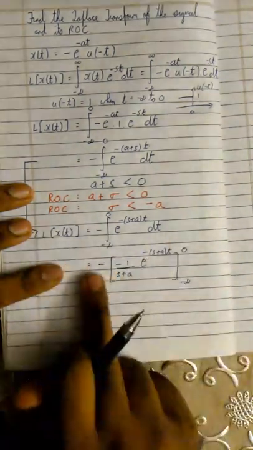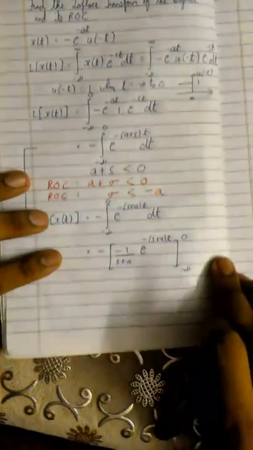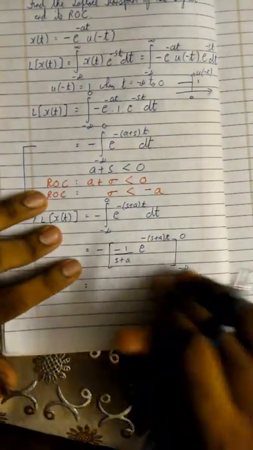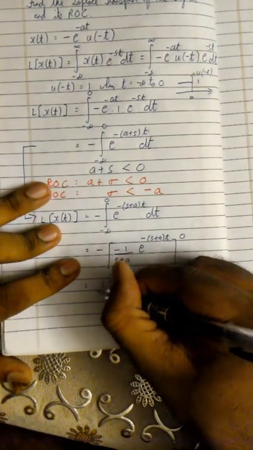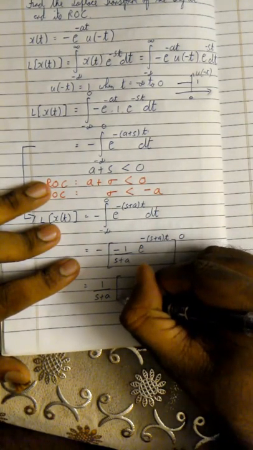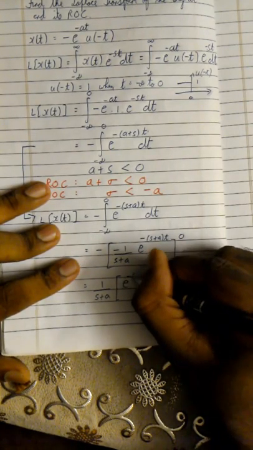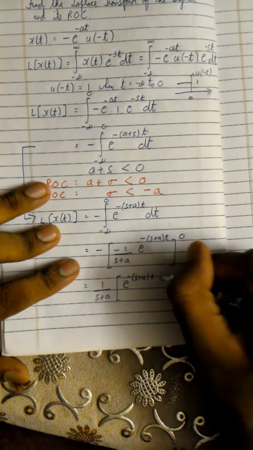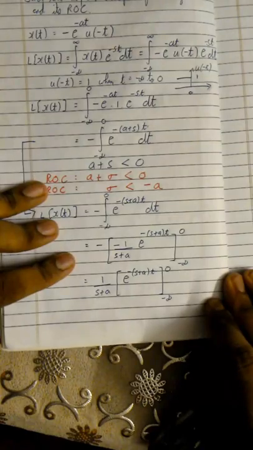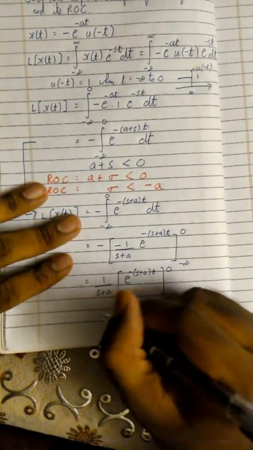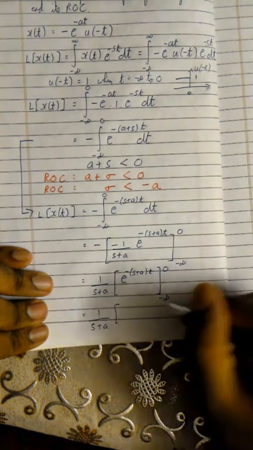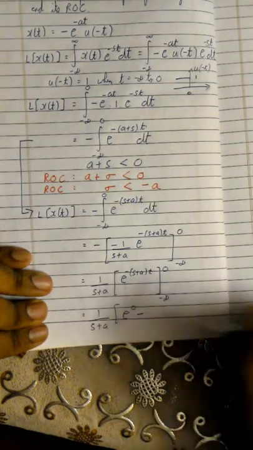If I want to remove this minus sign over here, I think it's better if you remove the minus sign. Okay, it's okay, let it be there. So this will become what? A positive value, right? So 1 by s plus a into e raised to minus of s plus a t from minus infinity to 0. Okay. So here I'm going to substitute my value. Here it is 1 by s plus a into here e raised to 0 minus.